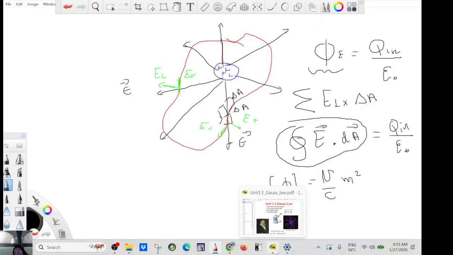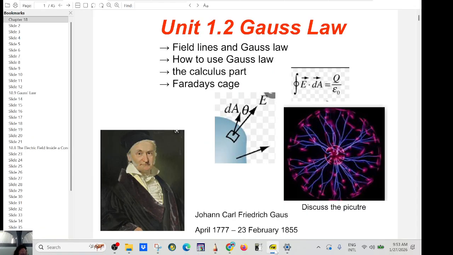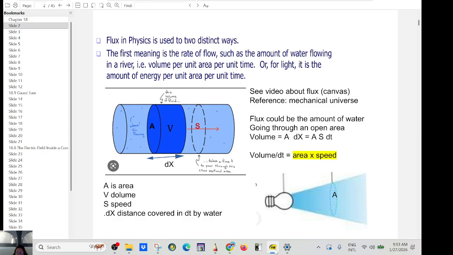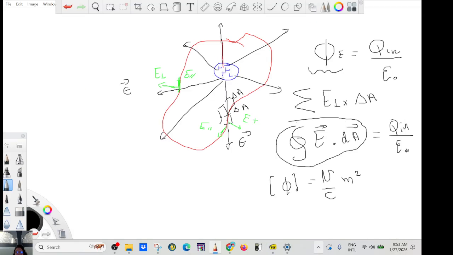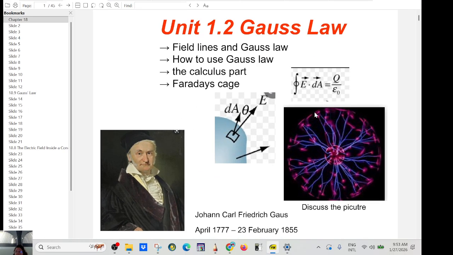I have a nice video to show how it works. But for now, remember, the electric flux is easy to compute. It's going to be whatever is inside that imaginary bag, so the charge inside divided by epsilon 0. When you translate that using mathematics, that's what it comes to.